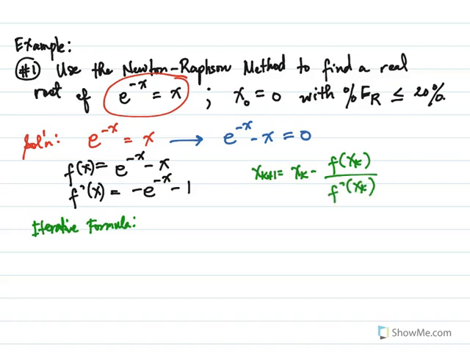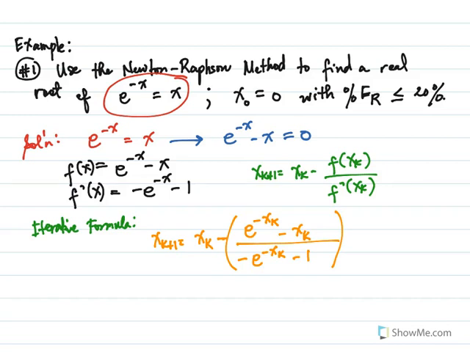So that will be x sub k plus 1 is equal to x sub k minus e to the negative x sub k minus x sub k, all over negative e to the negative x sub k minus 1. So this is our iterative formula.